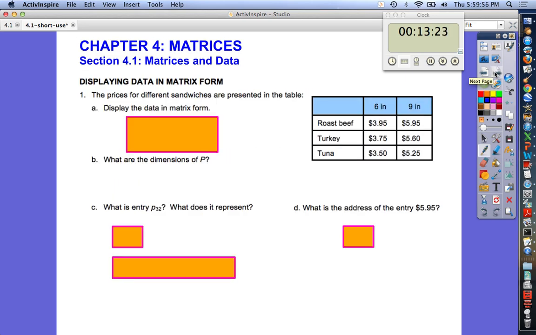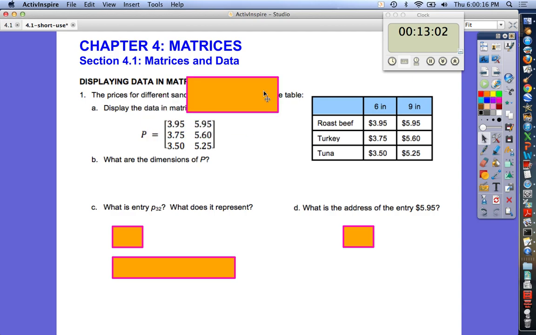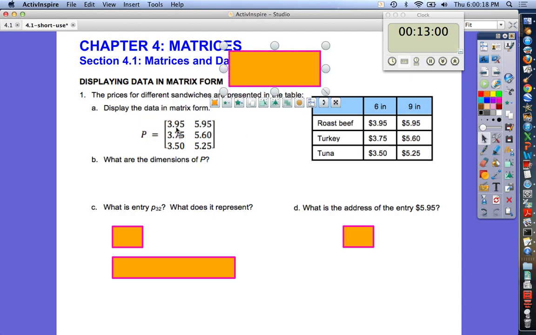When we look at this next page, when you're given data in a table, it's very easy to put that right into a matrix form. And certainly we could do either a 3 by 2 or a 2 by 3 since we have those 2 dimensions, but the fact that it's already given to us the way it is, it's probably easiest to simply list it with 3 rows and 2 columns.